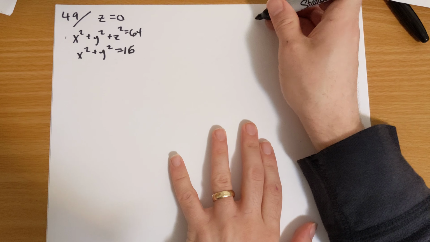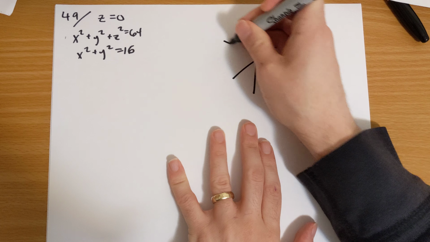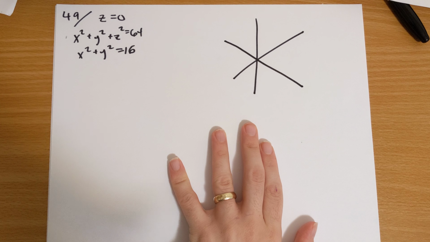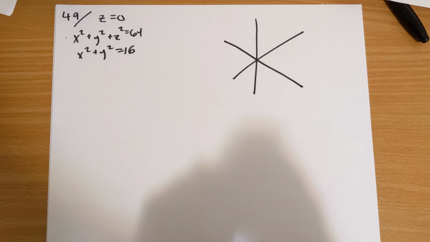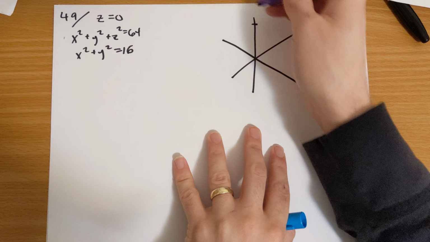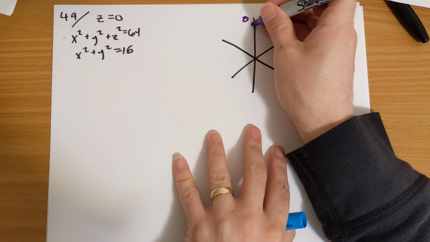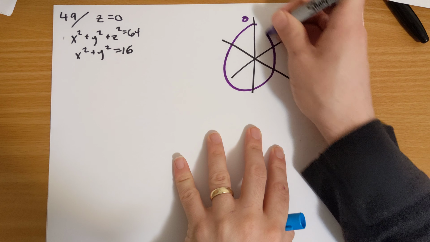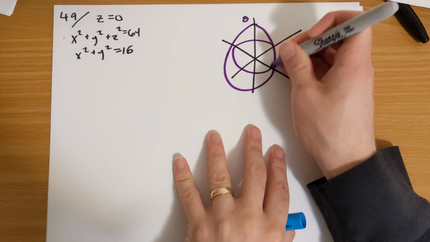Okay, so what is going on here? Here are our axes. We have a sphere of radius 8. Let me draw a sphere of radius 8 here.